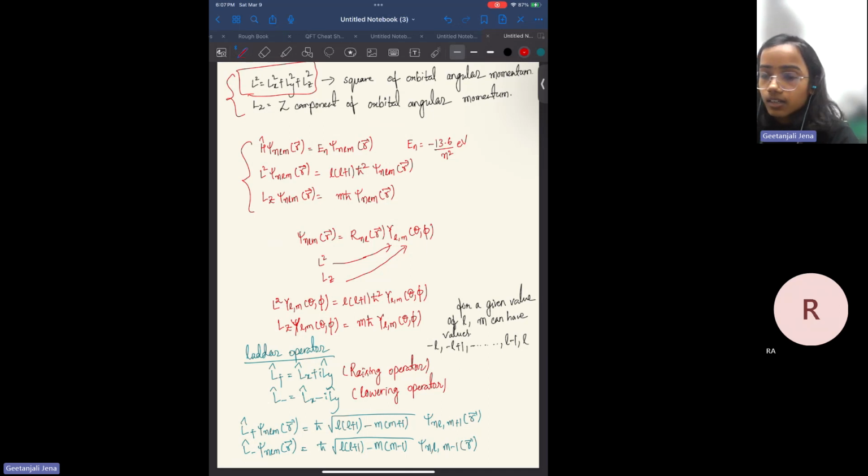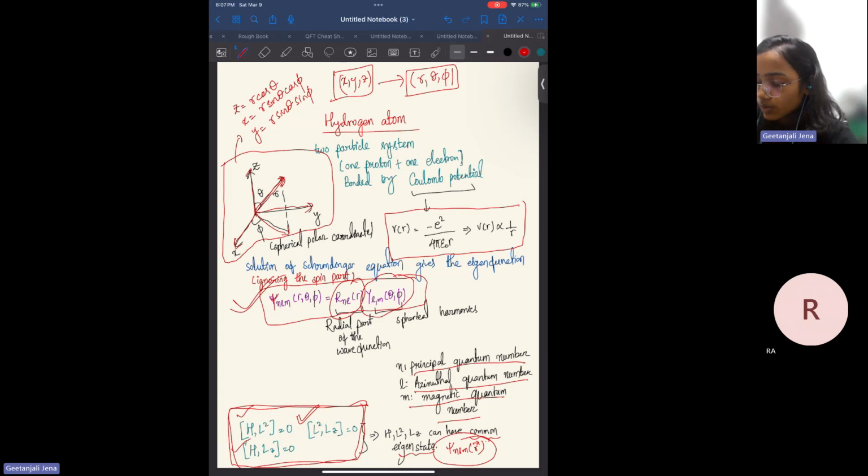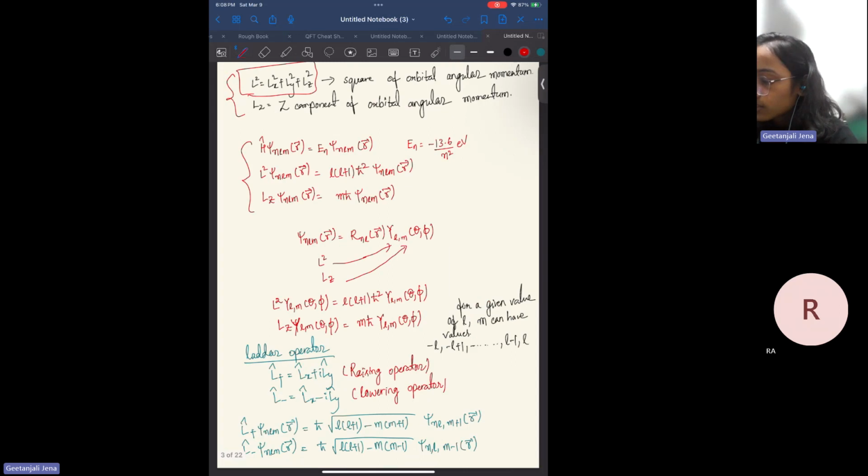In the previous page, you saw that the commutation relations of H with L squared, H with Lz, and L squared with Lz are 0. That means they have a common eigenstate, and when H, L squared, and Lz act on psi n l m (r), you get the same eigenstate with some eigenvalue. So this is the eigenvalue equation.